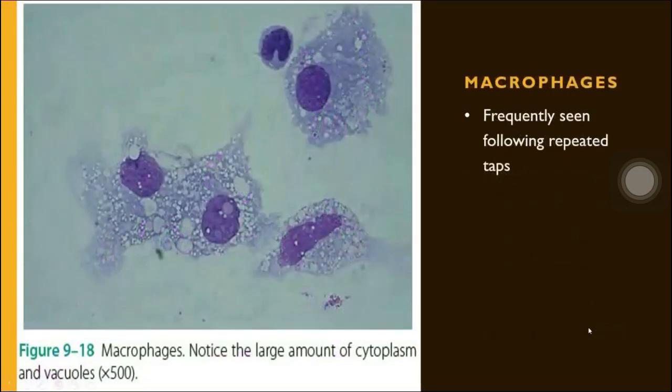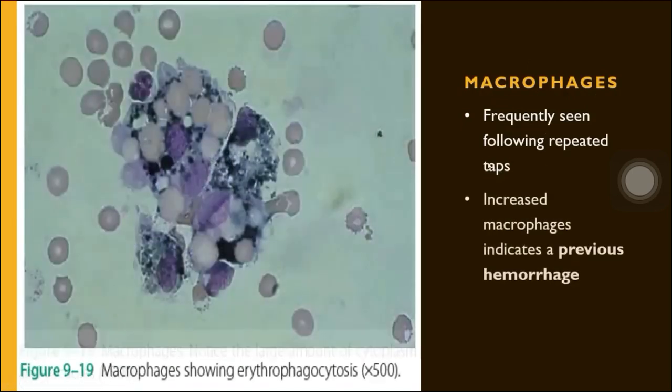Next, we have macrophages. Macrophages are usually seen following repeated taps, as well as if the patient had a previous hemorrhage. The only difference is that if the macrophages are present because of a previous hemorrhage, they may have certain inclusions in their cytoplasm. So, what are those inclusions?